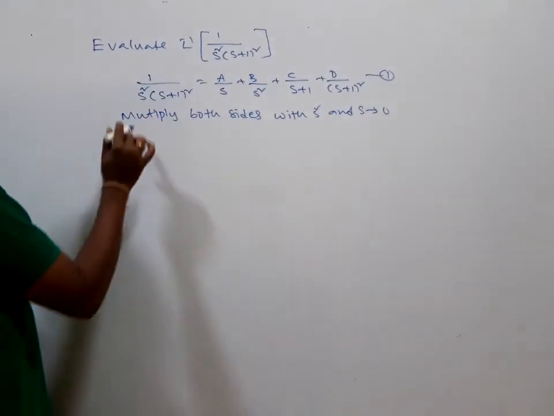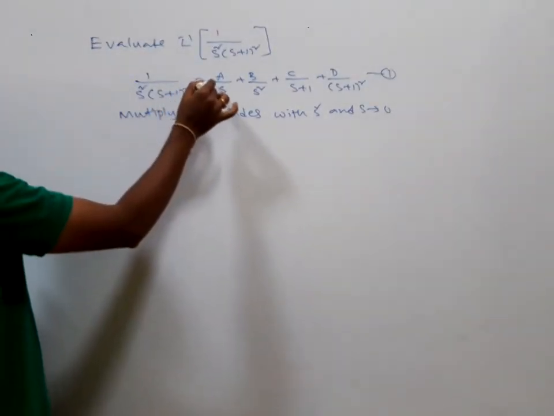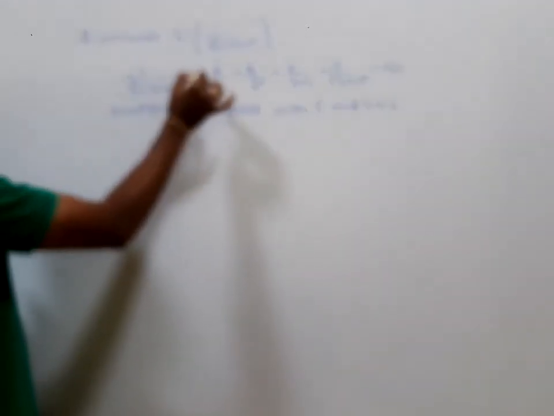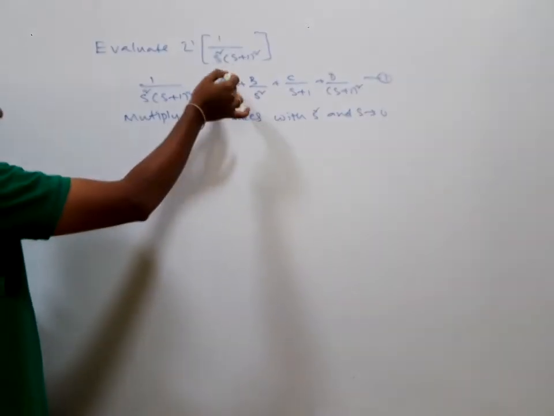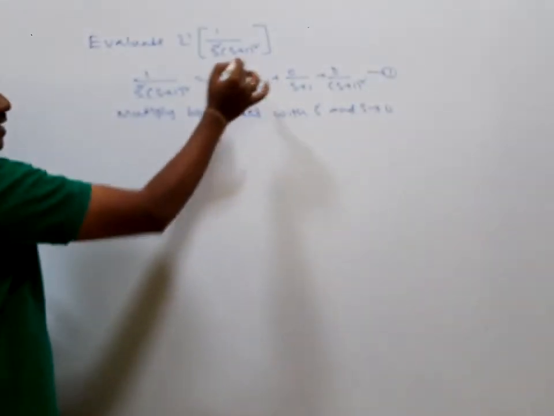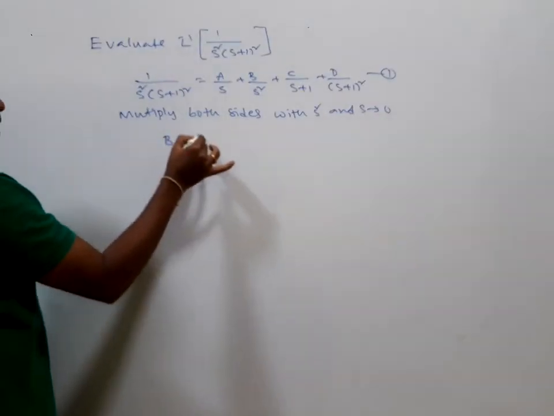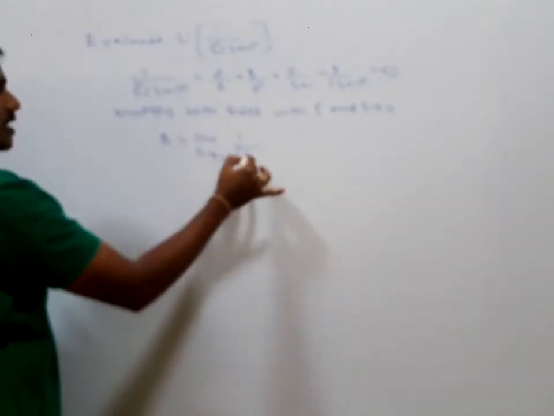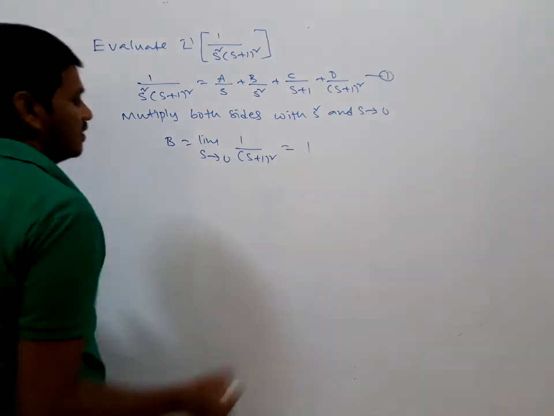S square gets cancelled, with s square multiplying by s we have only s in the numerator, and as s tends to 0, this term becomes 0. With s square, c and d terms become 0, s square gets cancelled, we have only b, limit s tends to 0. Here s square gets cancelled, 1 divided by s plus 1 whole square, which is nothing but 1.